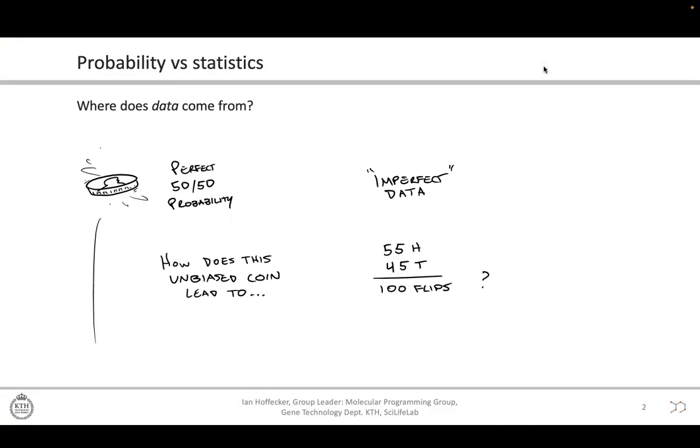For example, we do 100 flips and I get 55 heads results and 45 tails results. And why did we get this kind of imperfect result? We said it's a 50-50 probability, right? It's a perfect coin. So why don't we just get 50 heads, 50 tails? And where does the randomness in random data come from?